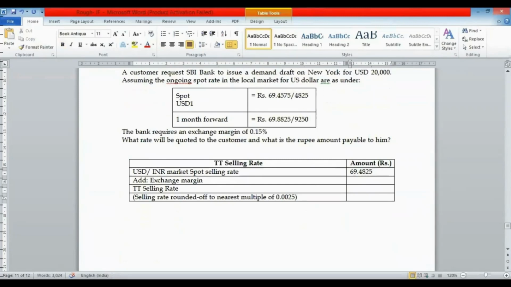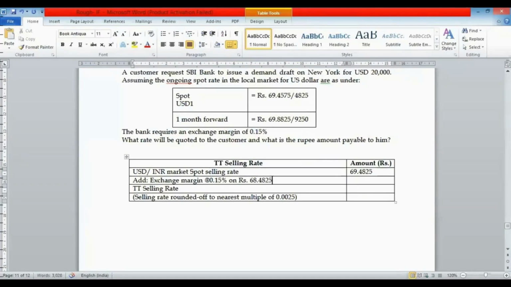This is the selling rate of the bank. Now the exchange margin has to be loaded, and exchange margin is provided at the rate of 0.15%. 0.15% on what? On rupees 69.4825.